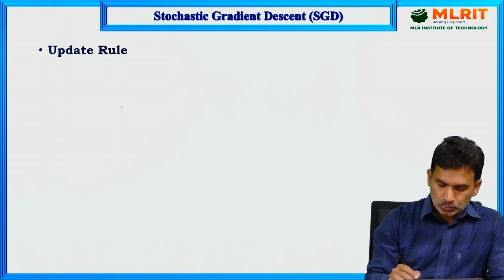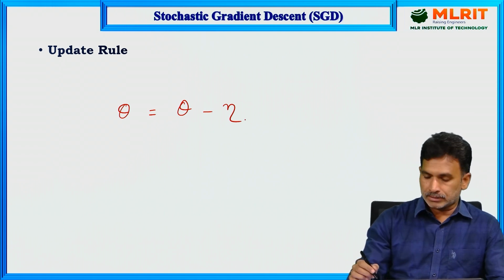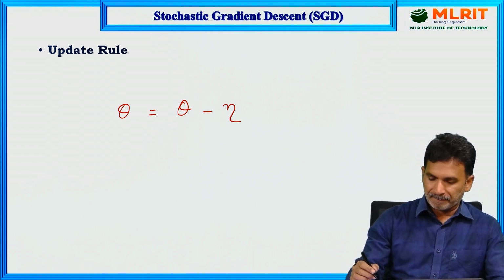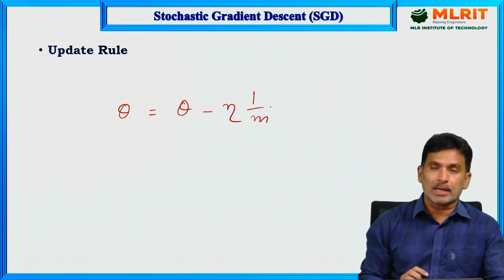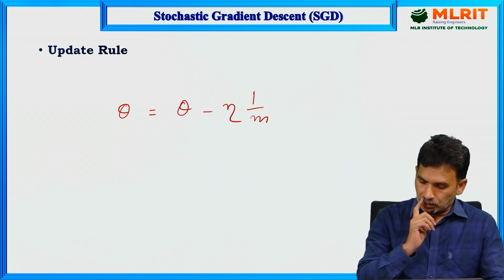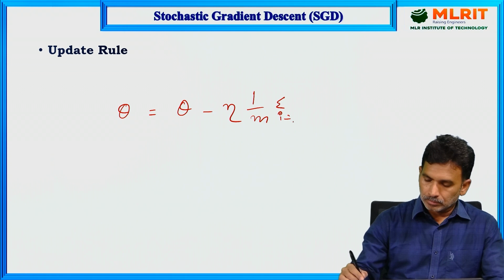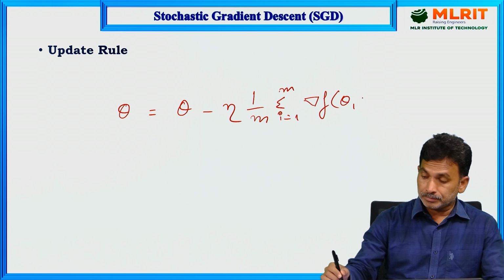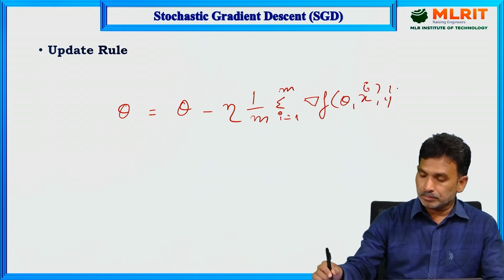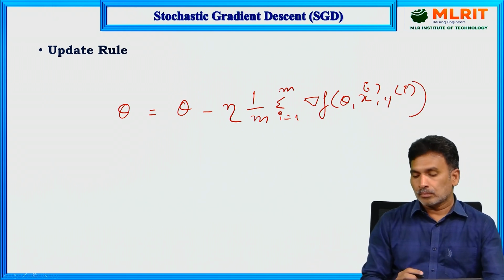If you look at the update rule, theta, the parameter, minus the learning rate times the average of the gradients of the cost function, sigma i equals 1 to m of del f of theta and the input.